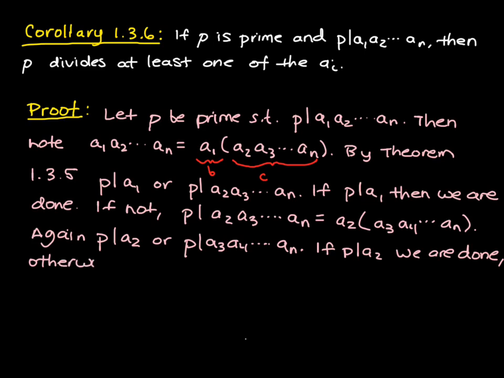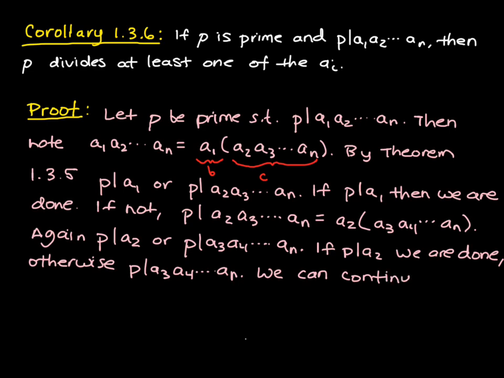Otherwise, it divides a sub 3, a sub 4, up to a sub n. And so we can continue in this way. Hopefully by now you see the pattern. Namely, in this next step, we would have either P divides a3 or P divides the product of a4 times a5, etc., up until an.